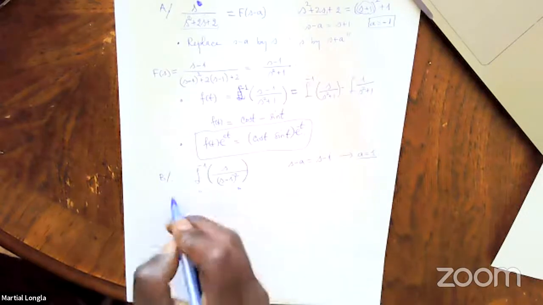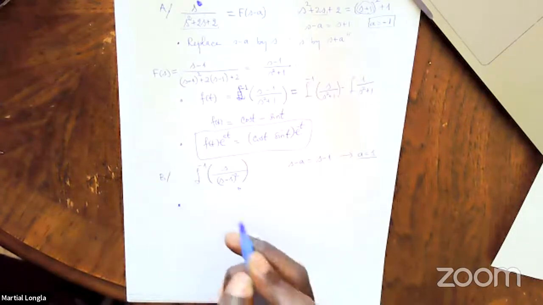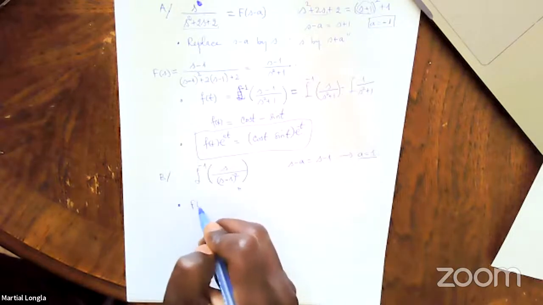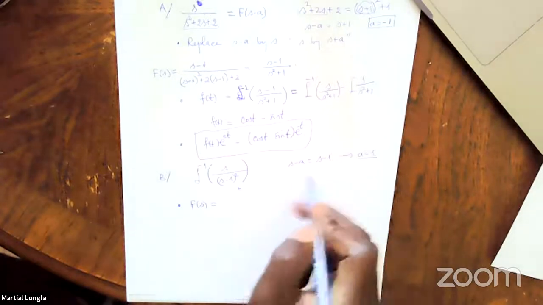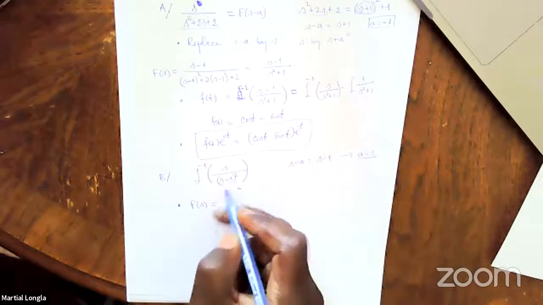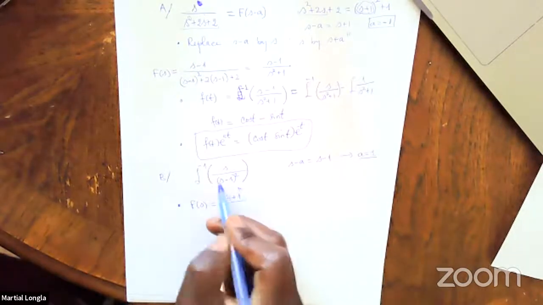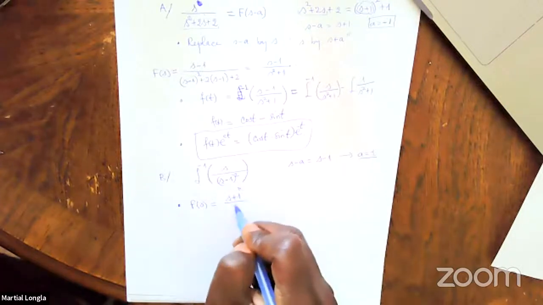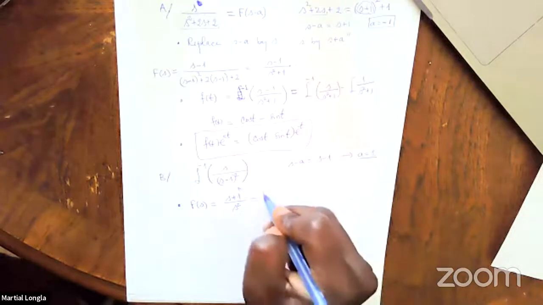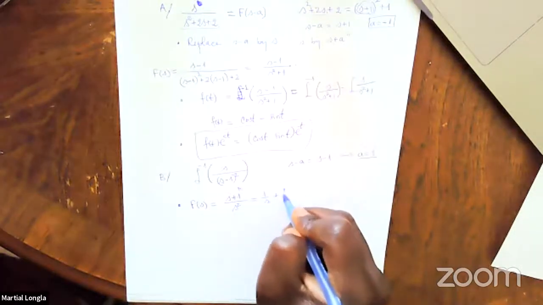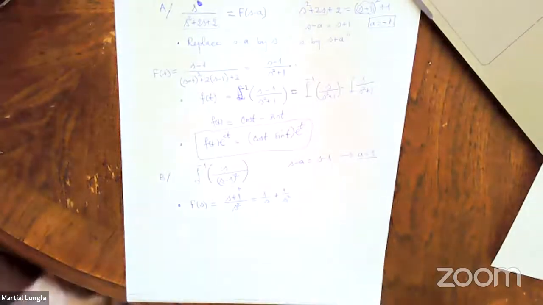Now, if that's the case, you go to the second step, and you do the F of s thing, replacing s by s plus a. Since a is 1, we replace s by s plus 1, and the denominator becomes s squared. So what we get is 1 over s plus 1 over s squared. This is what we get as capital F of s.